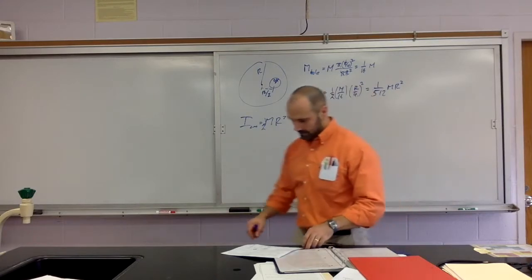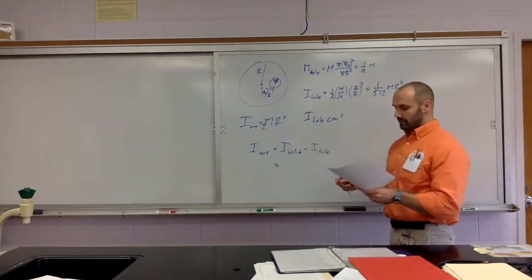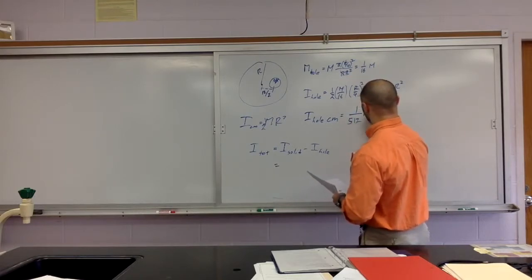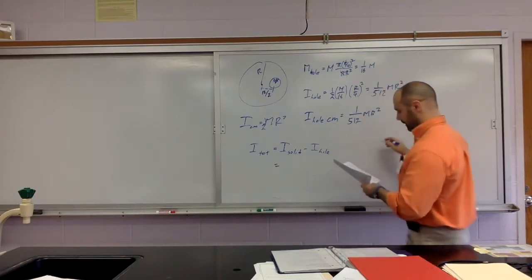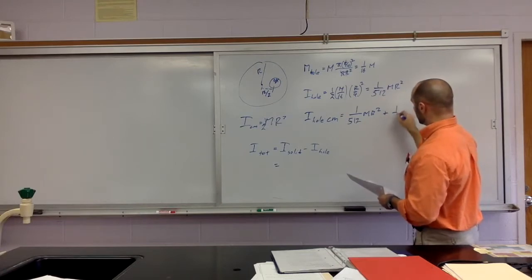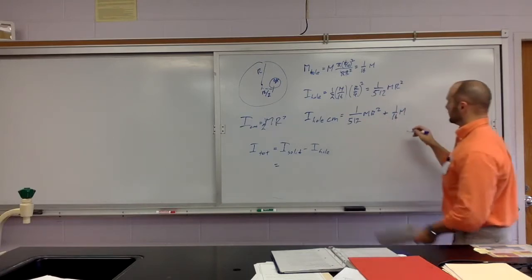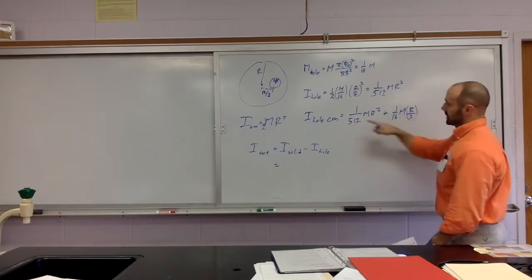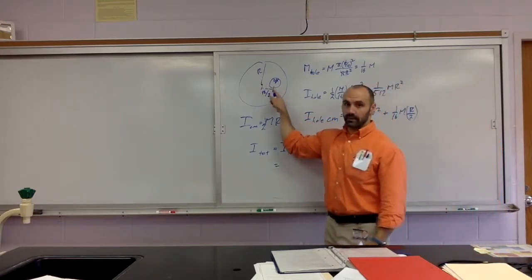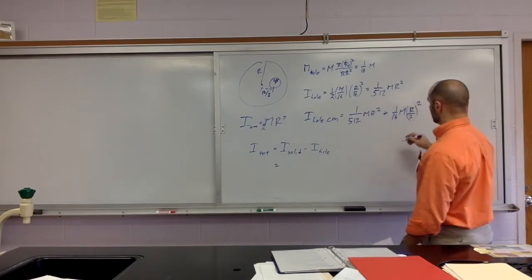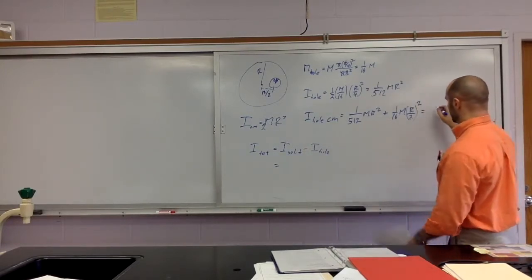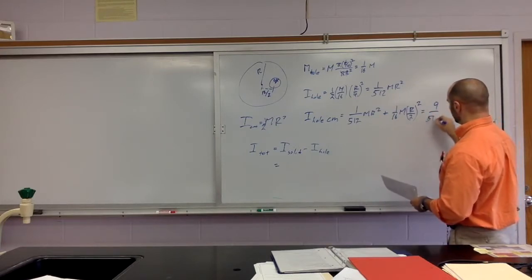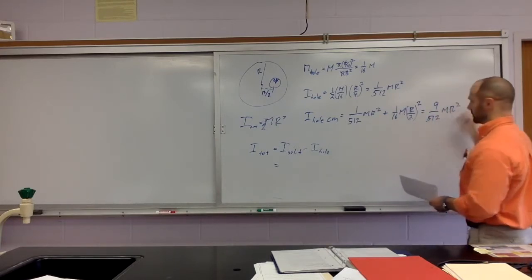Okay, so using the parallel axis theorem then, this is 1 over 512 mr squared plus, again, 1/16 of the mass, and the radius, it's half the radius from there, squared. And we simplify this and we get 9 over 512 mr squared.